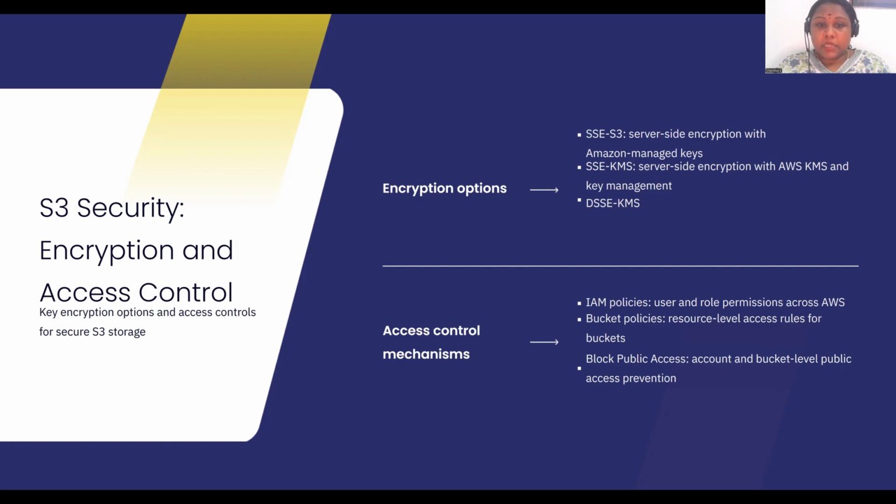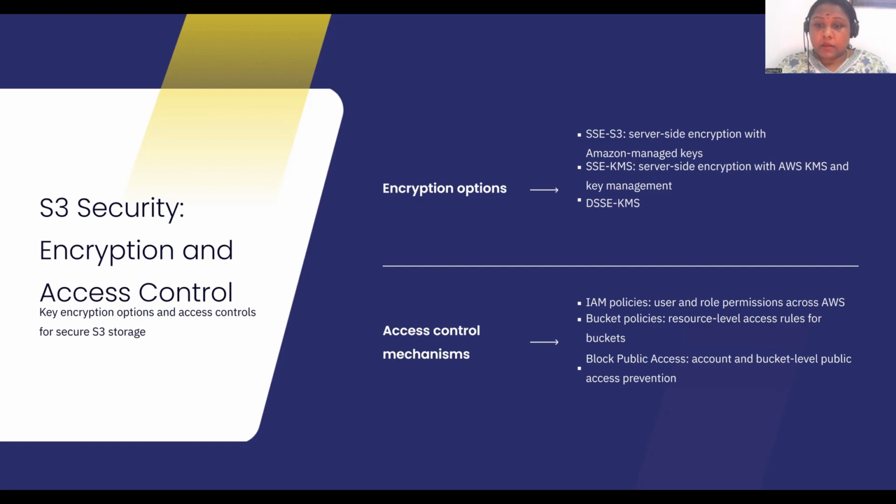SSE-KMS is server-side encryption using Amazon Key Management Service. Here, you control the encryption keys, define access policies, and get audit visibility through CloudTrail. This option is preferred when compliance, auditing, and fine-grained access control are required. Next comes DSSE-KMS, or dual-layer server-side encryption with KMS.